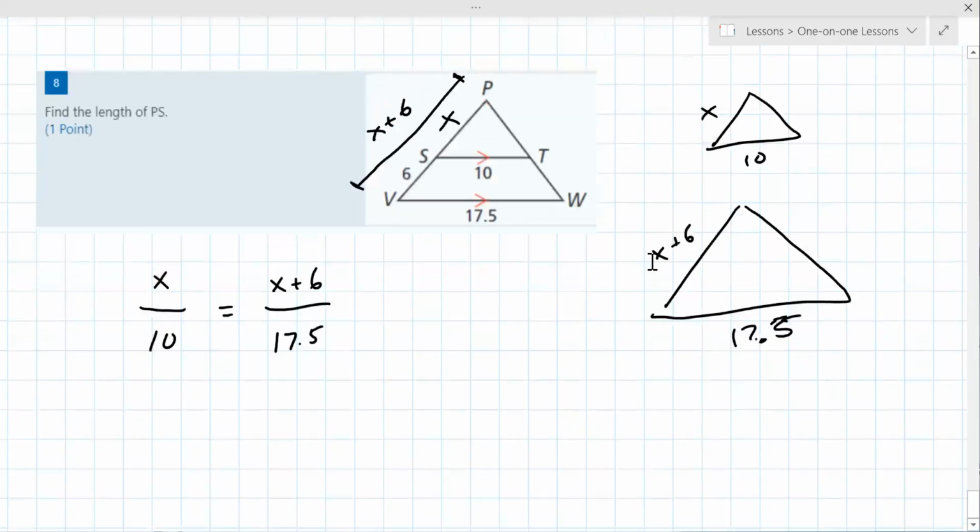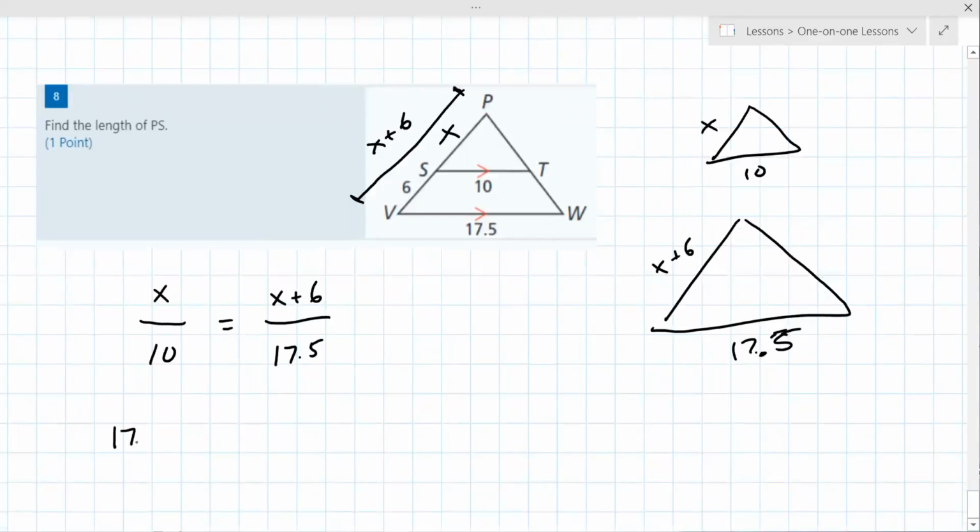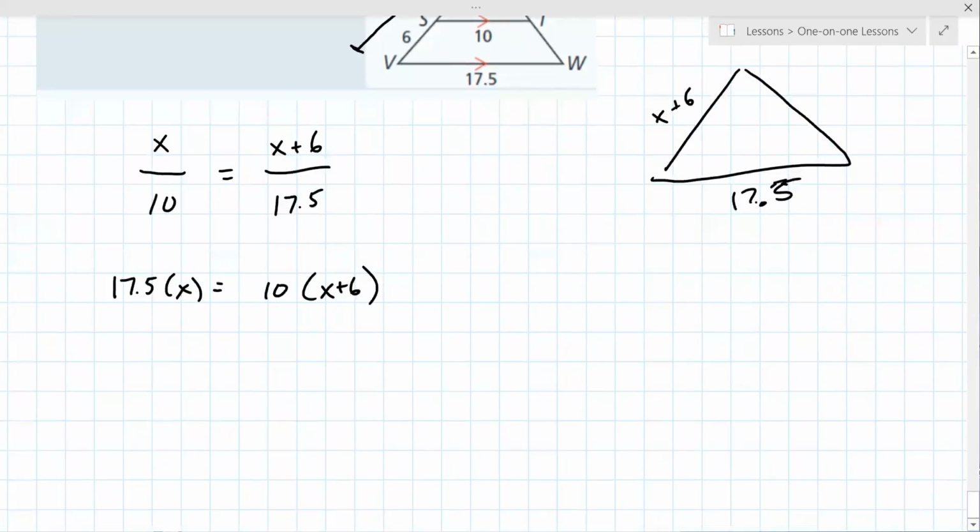And then we're up to the step of solving. So we got 17.5 times X equals 10 times quantity X plus 6. So we got 17.5X equals 10X plus 60. Subtract 10X, and then divide 60 by 7.5.